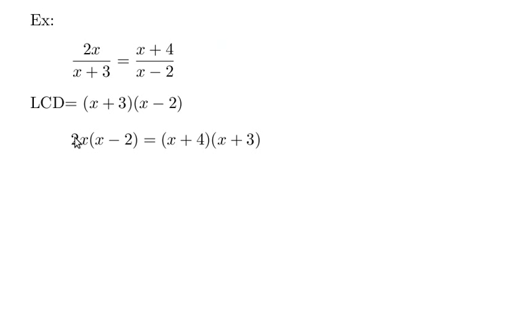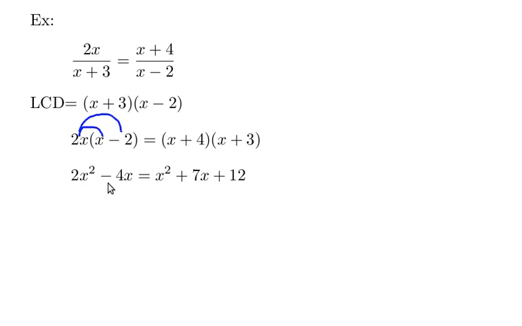So we distribute this 2x to each individual part here. We will get 2x squared minus 4x, because the 2x goes to the x, the 2x goes to the negative 2, equals x squared plus 7x plus 12.